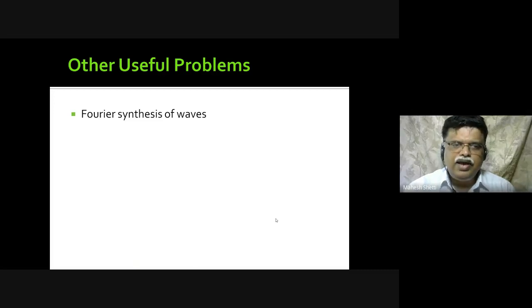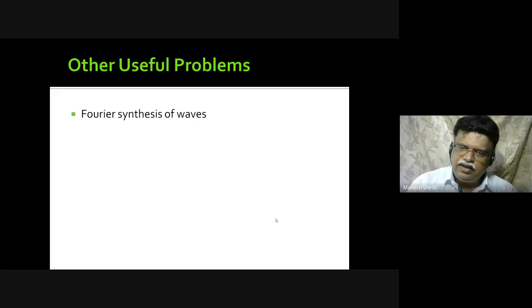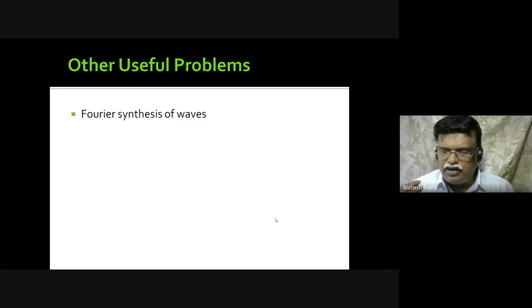You can synthesize different waves, different Fourier components, using Excel. And this will be part of your next assignment, where I'll give you the terms. Fourier transform or Fourier analysis is a different game. There, you are given a wave shape, and you need to work on that data and get the frequency components.